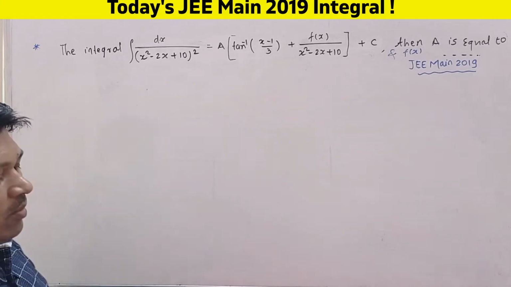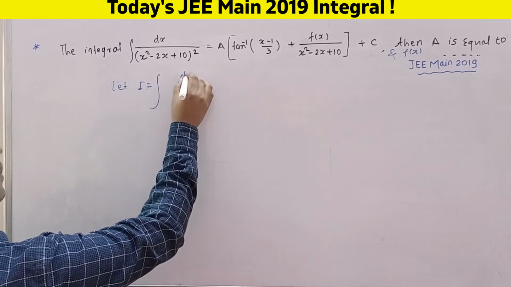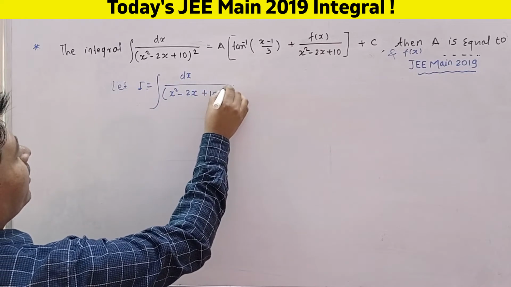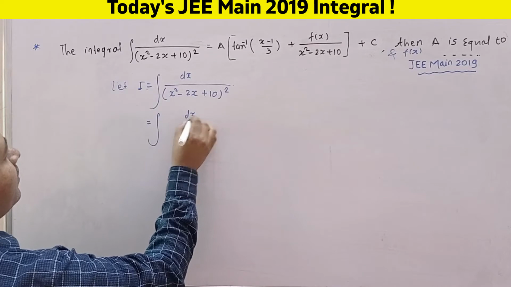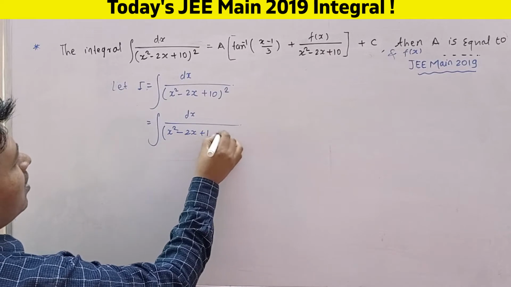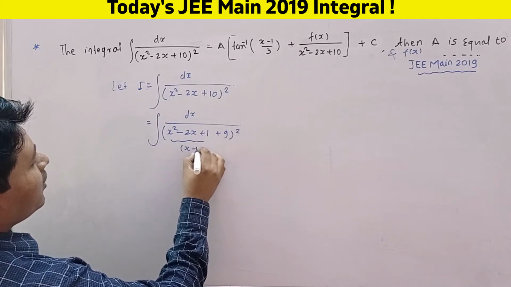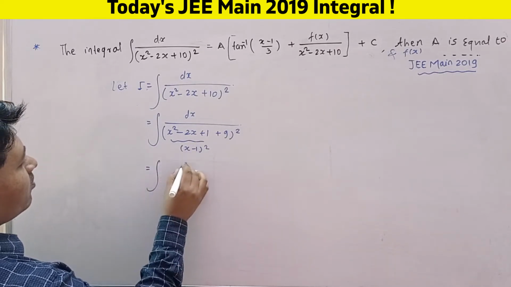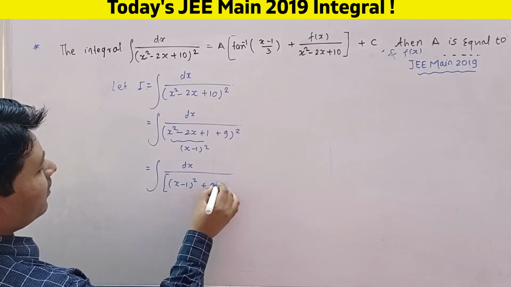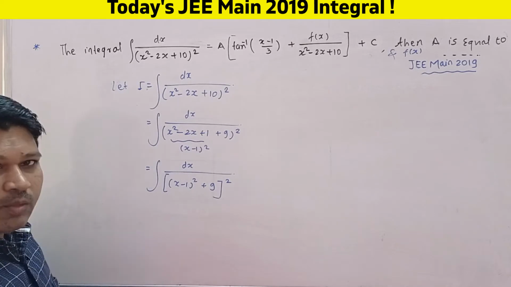Let I equal the integral of dx upon (x² − 2x + 10)². Now we complete the square. This quadratic can be written as x² − 2x + 1 + 9, and x² − 2x + 1 is the square of (x − 1). Therefore I is the integral of dx upon ((x − 1)² + 9)². Now we can use the substitution method.